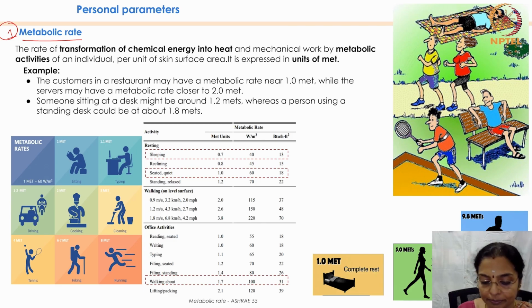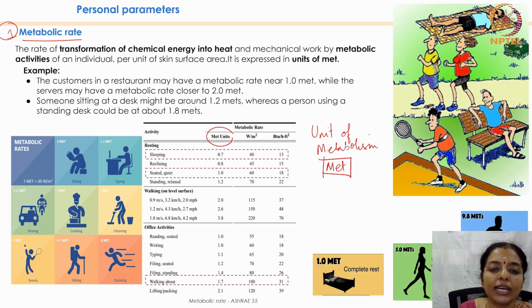So the unit for assessing metabolism is MET, M-E-T. Someone sleeping would have a MET unit of 0.7, whereas someone sitting in a reclining pose would have a MET of 0.8. So this person will have 0.8 MET.